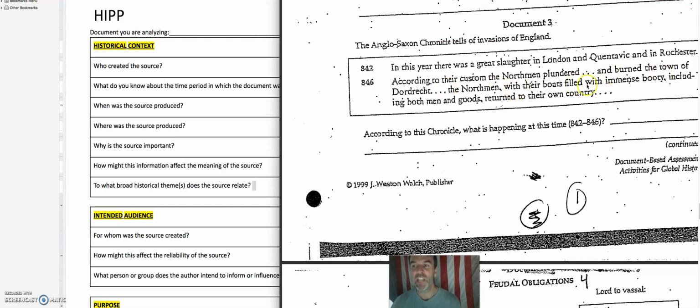Then they took all these goods with them and returned to their own country, showing that this is not their country. This is not where they're from. That's an example of some of the things the document is explicitly telling you.